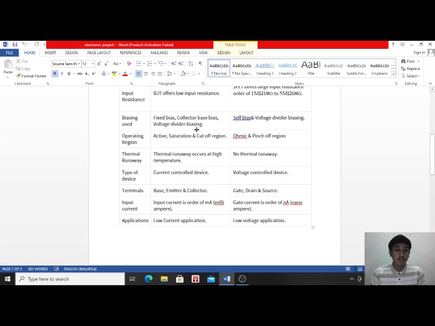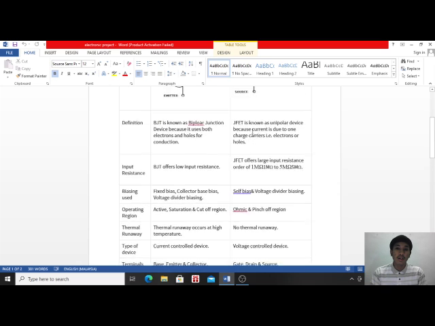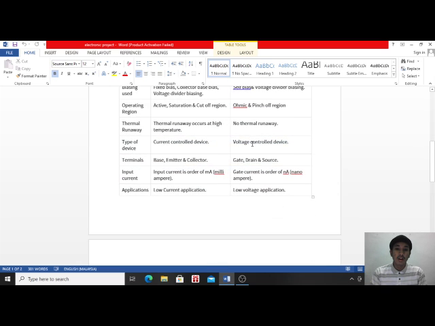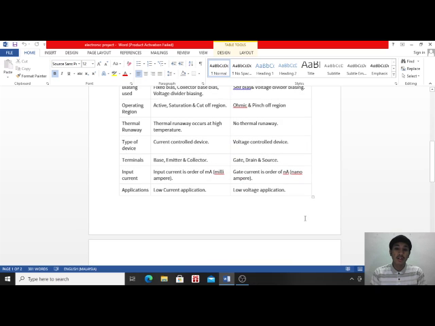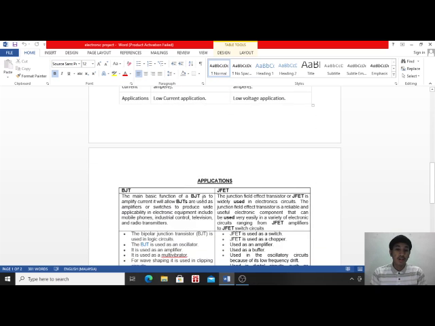So what is the application for BJT? BJTs are used in low current applications, while the JFET is also used in low voltage applications. So here is the application for BJT and JFETs.